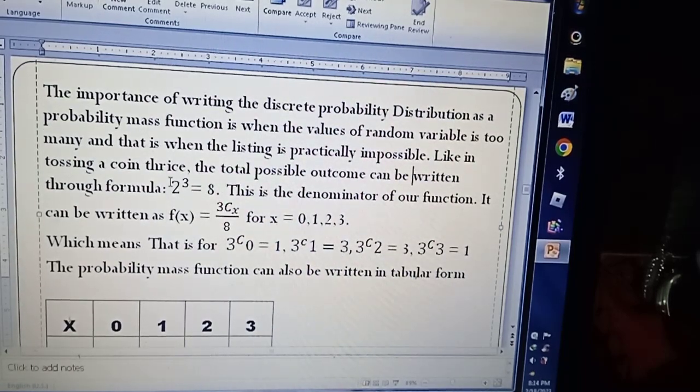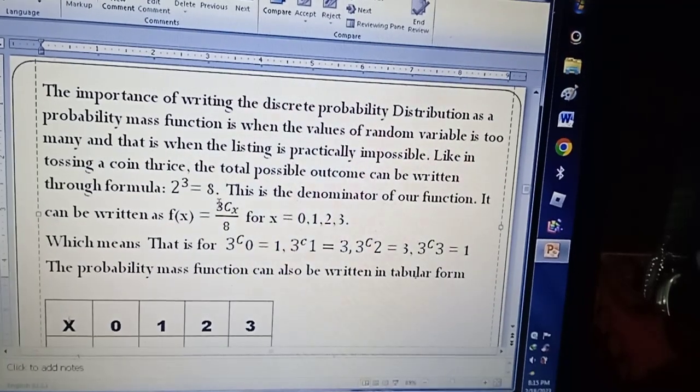These two are the faces of a coin, and 3 is the number of times the coin is tossed. And the result is 2 raised to 3 is 8. And this becomes the denominator of our function. So it can be written as f of x equals 3C sub x over 8.